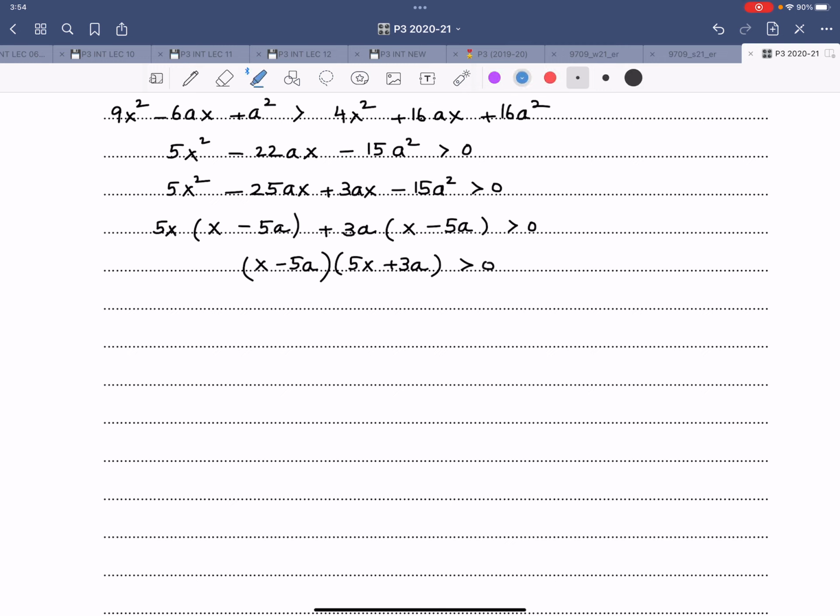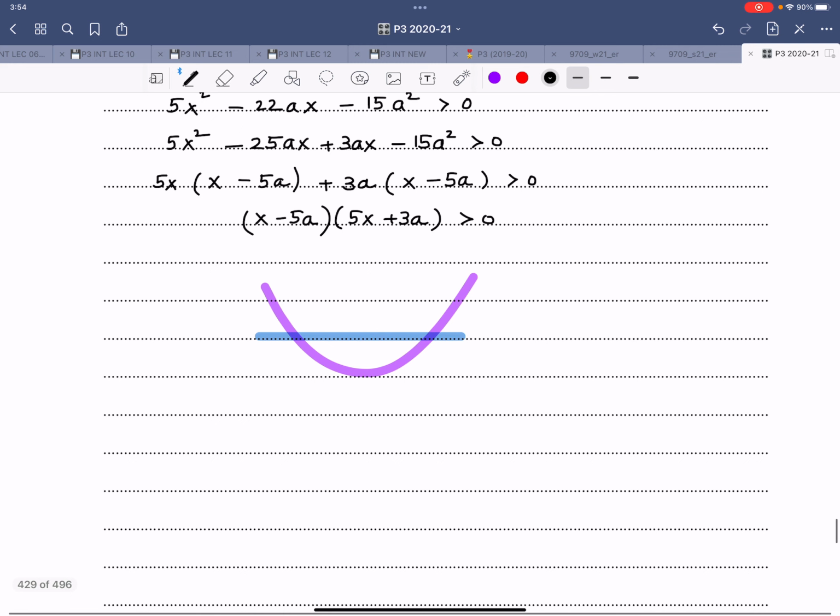Draw a number line. Draw a quadratic curve like this. Label the roots. x comes out to be positive 5a. x comes out to be negative 3a over 5. These are the two roots that you get.